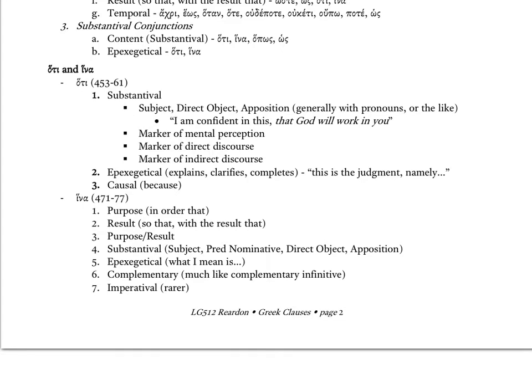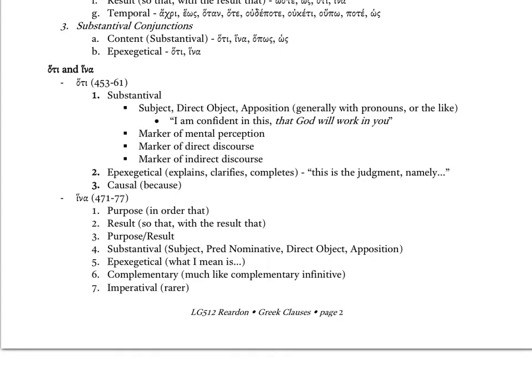Then there's the exegetical and the substantive, and those ones are both translated as that. Now we'll go over different ways that those appear, but a lot of times we've been talking about it in terms of marking direct discourse or mental perception. That is, it's creating a substantive. It is creating the substance of that thought. It is creating the substance of the speech by putting the hoti there. We'll have lots of examples for that.